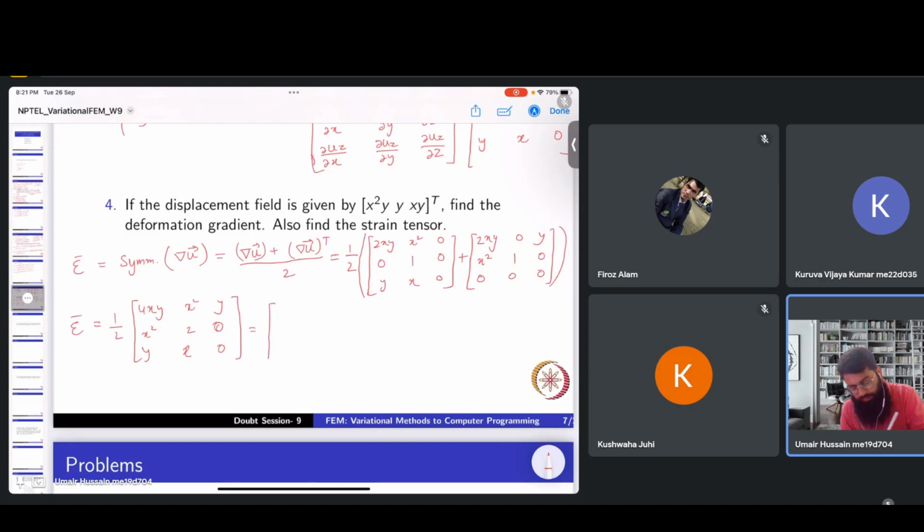So ultimately our strain tensor is 2xy, x square by 2, y by 2, x square by 2, 1, 0, y by 2, x by 2, and 0. So this will be the strain tensor. Okay, I hope this is clear.